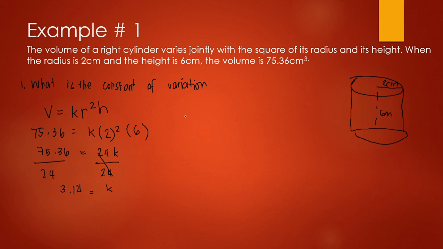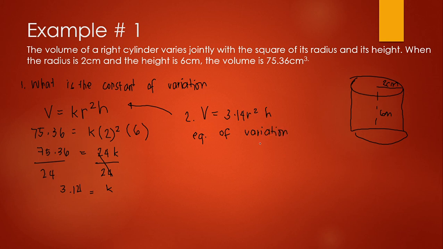The second question is we have to write the equation of variation. Using the same equation a while ago, we'll have V is equal to 3.14 r squared h. Therefore, this would be the equation of variation.